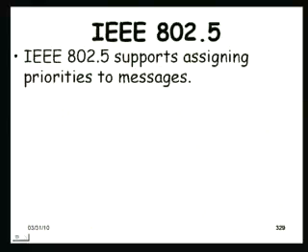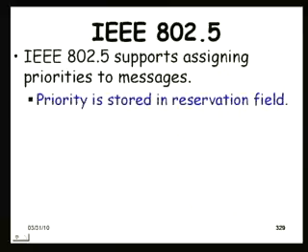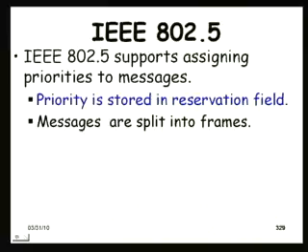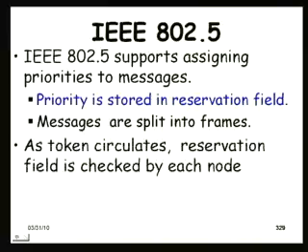So, here we have assumed that again the messages are assigned priorities. It is a global priority protocol, and the priority value is stored in the reservation field. Different nodes examine the field, and if they have a higher priority, they store that in the field, and the messages are split into frames and put in the payload with the token.